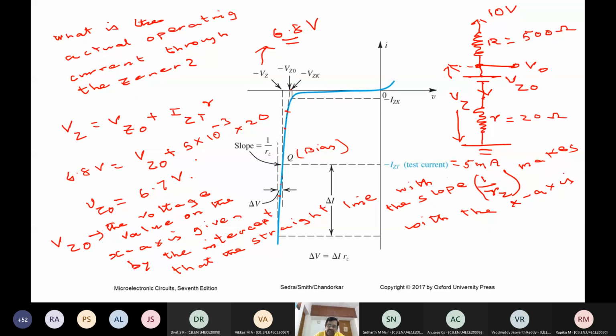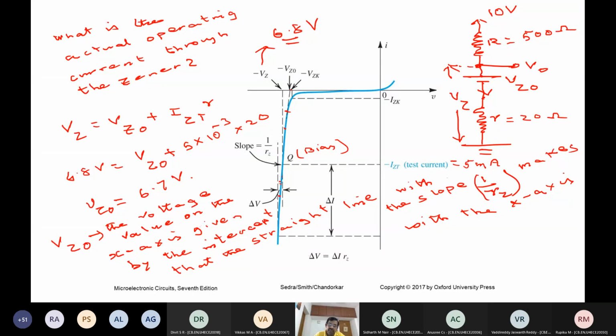So if you look at this diagram, we started with 5 milliampere. Rather, we are operating at an even higher current, but the nominal voltage 6.8 is still obtained across the Zener. But the exact voltage is what we need to find, not the nominal voltage.